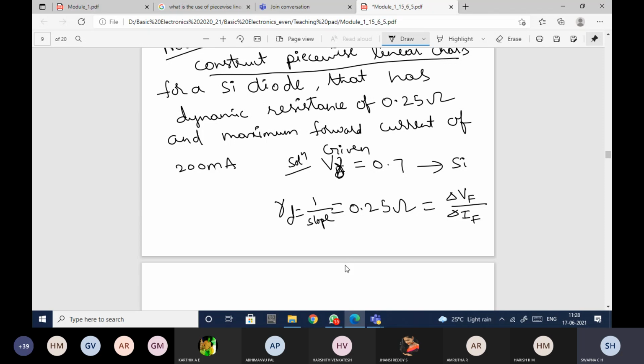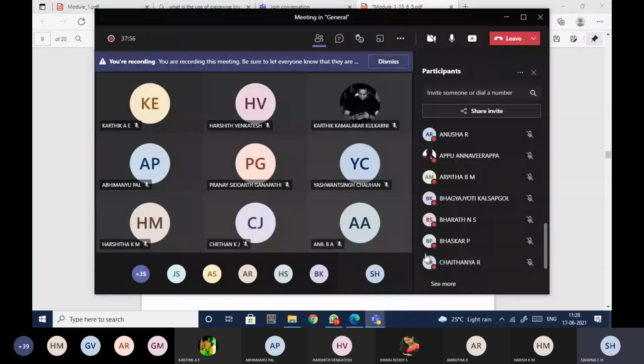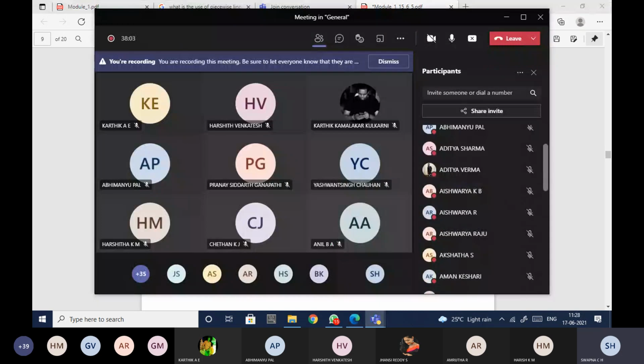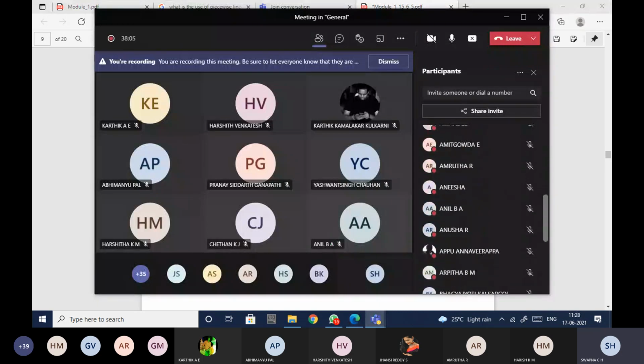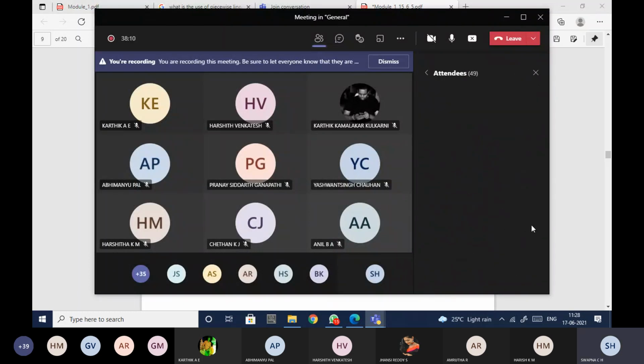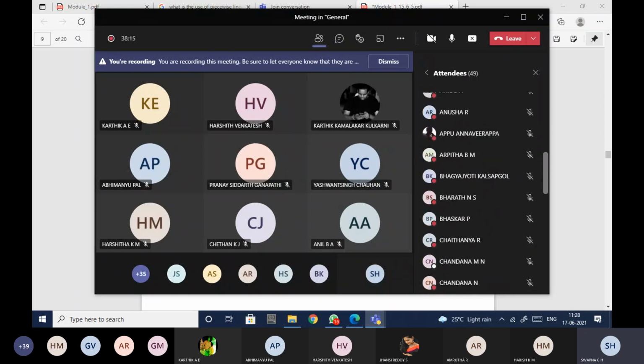Maximum forward current. Why you are not answering? I have explained you everything, right? Maximum forward current. There is some limitation with maximum forward current. This is what I have explained you yesterday. From yesterday to today only people have forgot. Answer me. Somebody answer me.